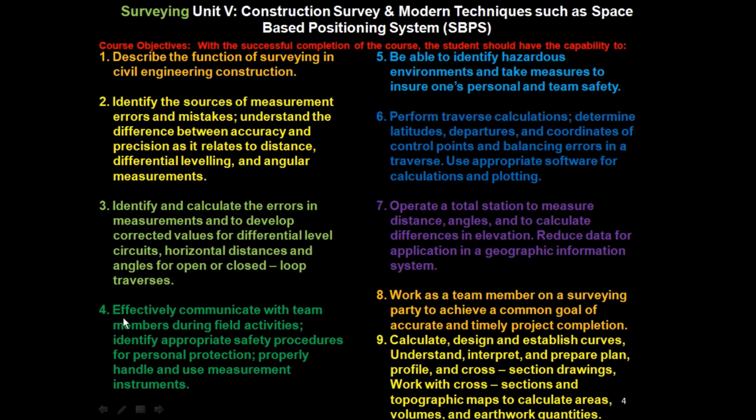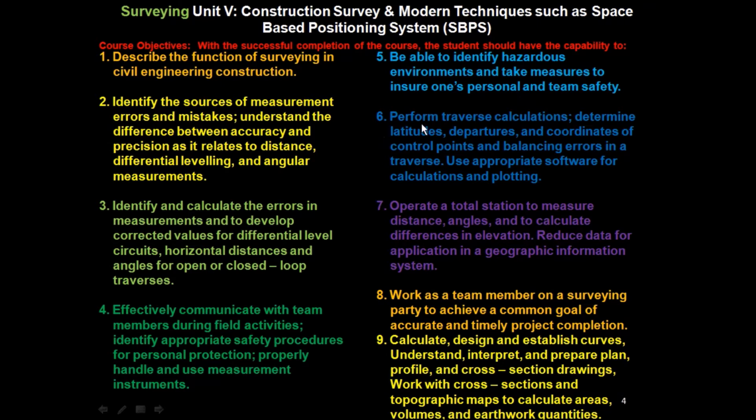Fourth course objective is effectively communicate with team members during field activities, identify appropriate safety procedures for personal protection, and properly handle and use measurement instruments. Fifth course objective is be able to identify hazardous environments and take measures to ensure one's personal and team safety.